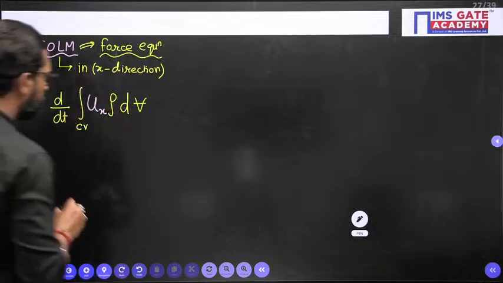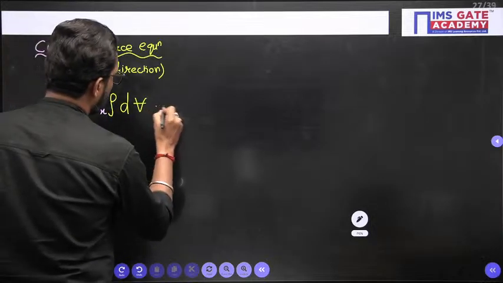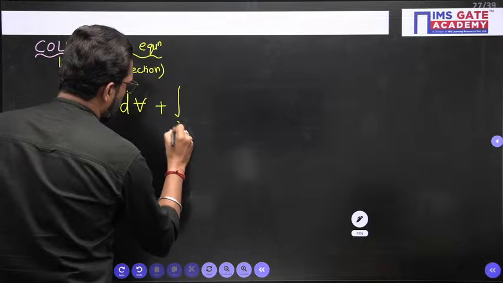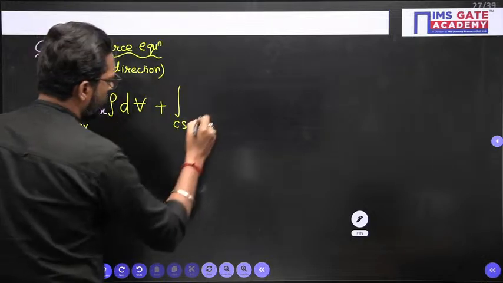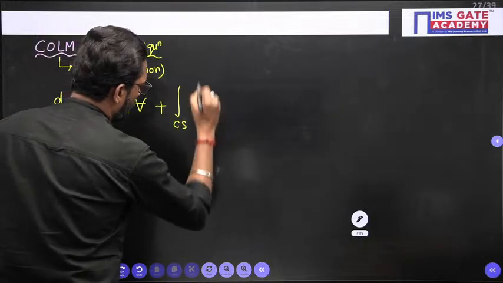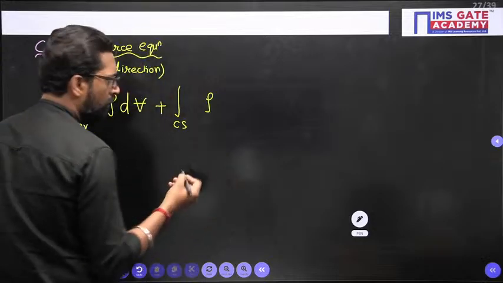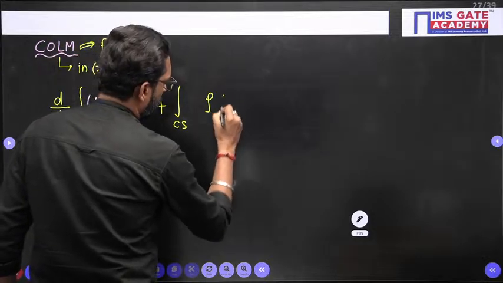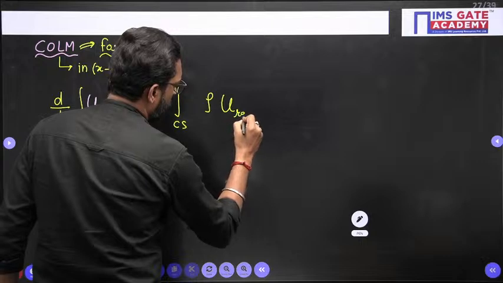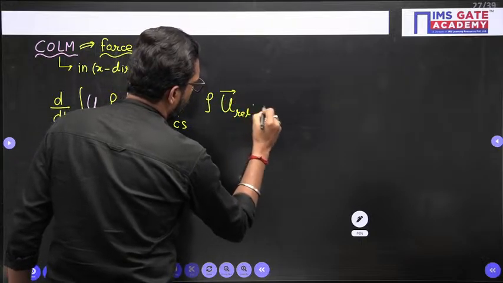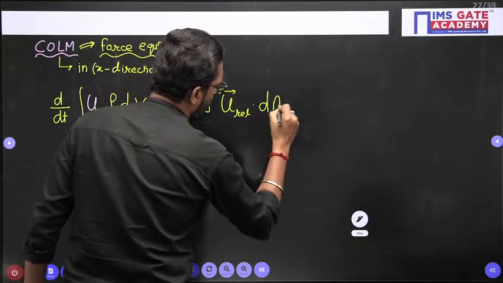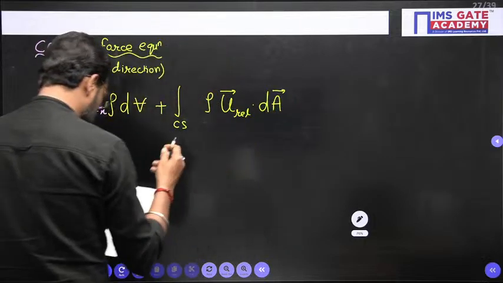Clear? Plus the integration over the control surface. Okay. So here rho, yes or not, rho u relative vector into dA multiplied with the x direction velocity.